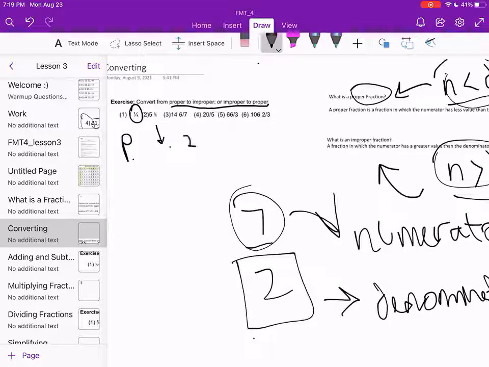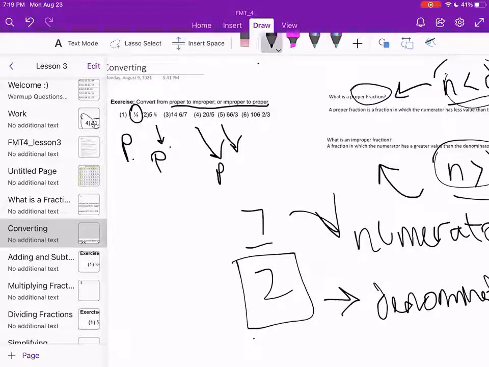And then this is 2/5. That's also going to be a proper fraction because the numerator is less than the denominator. We look at 6/7. 6 is also less than 7, so that's also proper.